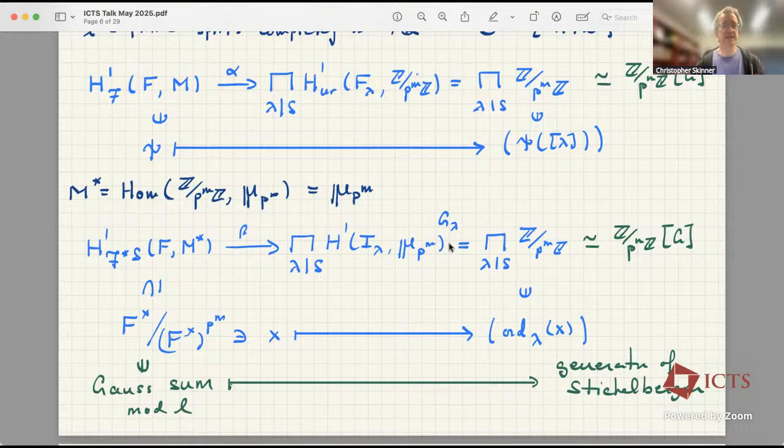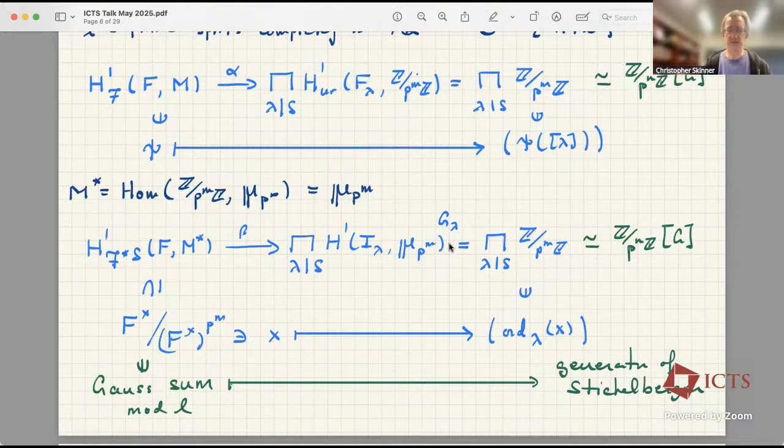If we didn't have the local conditions F star of S there, that would actually be an equality. And then if we take an element x in F cross and its image under these identifications, we can see how ramified it is by just looking at the valuation of x at lambda. And we can, in some cases, and this is one of the cases, actually just write down some ramified classes.